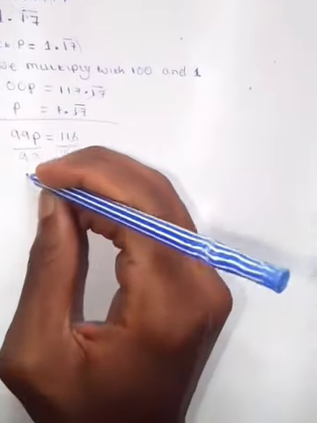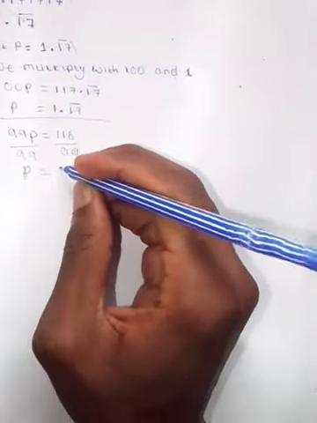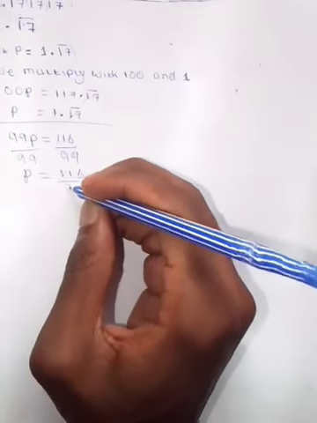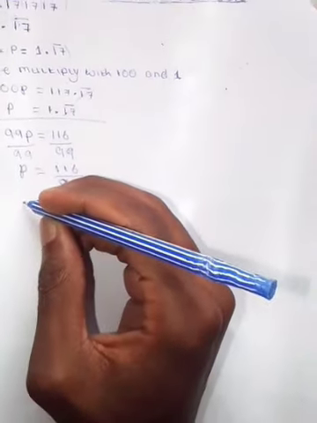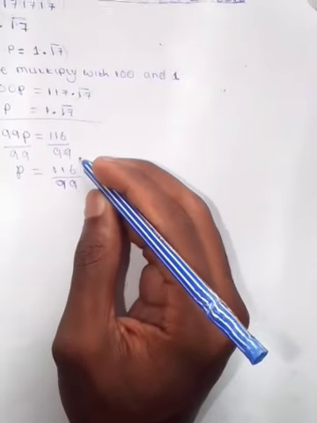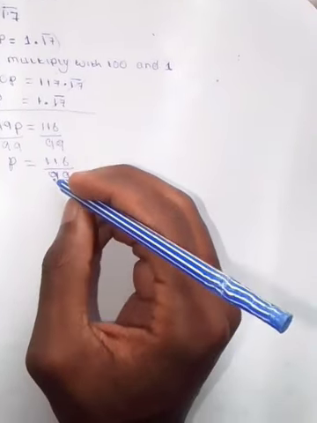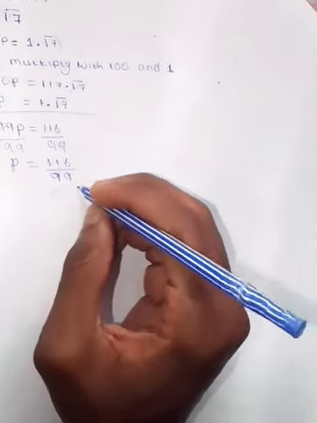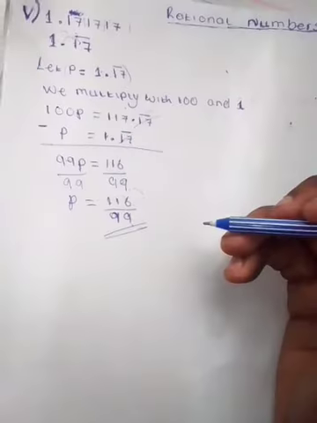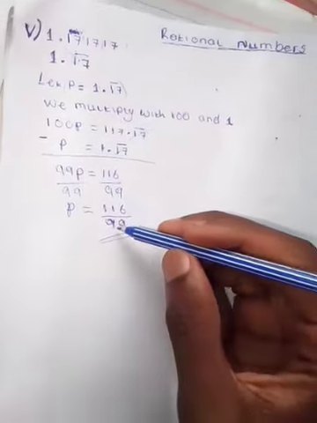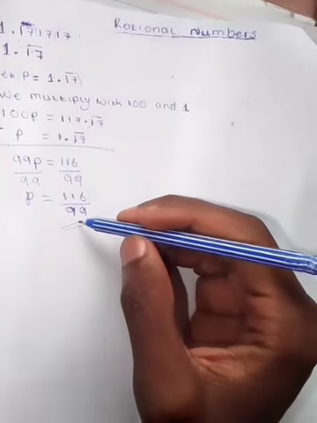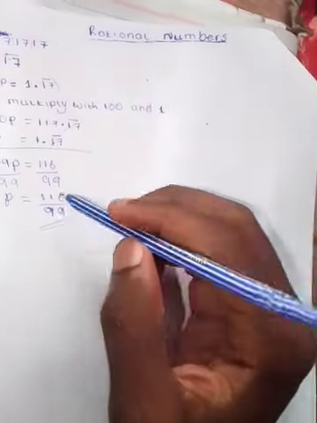So now p is equal to 116 over 99. If you can simplify this further, you can go ahead. If you can't, you can just end here. You will still get a mark. So this is our final answer. If you want, you can confirm using a calculator. It's going to get you back to this number here.